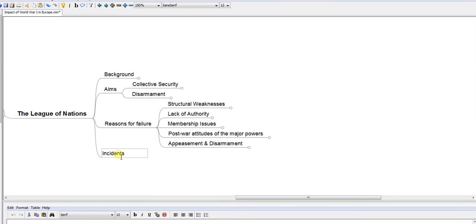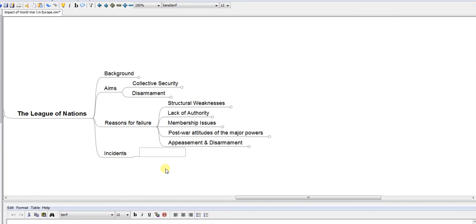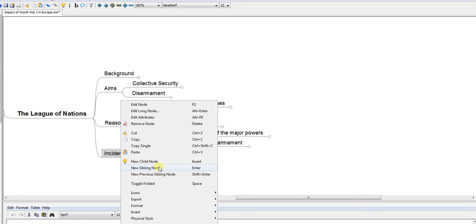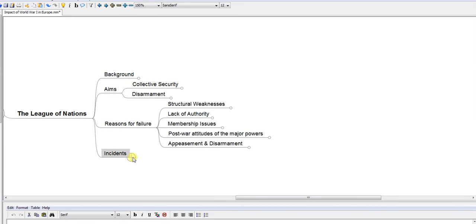Firstly, you need to look at the Manchurian crisis, the Manchurian invasion in 1931, and also the Abyssinian crisis. You need to take note of these two particular events and why the league failed to stop them.